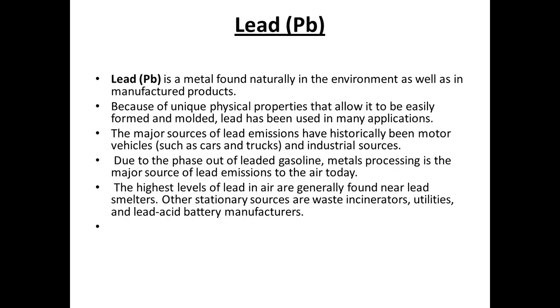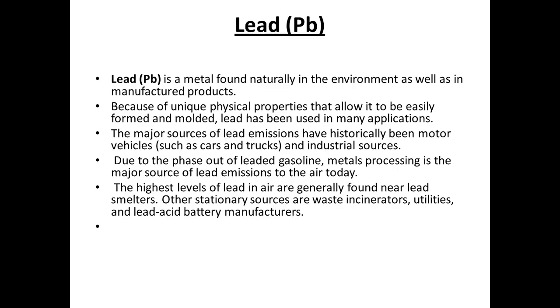In some countries, they use a method to improve the octane number of petrol using lead. But in our country, we are using the platforming method where platinum catalysts are used to improve the octane number.